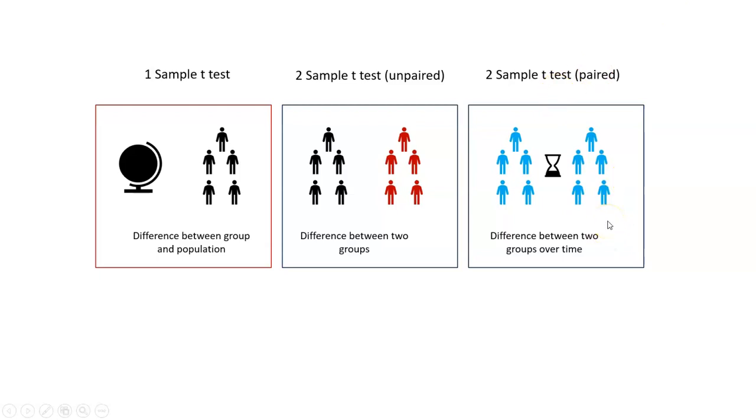Another example is you are considering the performance of a group of patients before taking a particular drug and after taking a particular drug. That also would come under two sample t paired. That is, the group is the same, but we analyze the performance of the group over a period of time. After undergoing a training, after completing a course, after taking a particular type of drug.